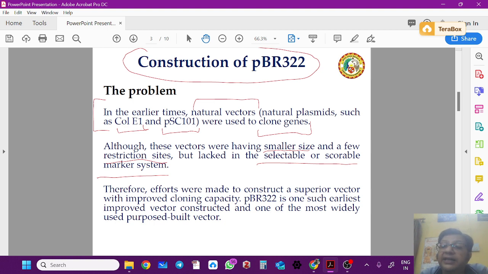You need a marker or antibiotic resistance so that only the cells which have been transformed by this particular plasmid can survive.